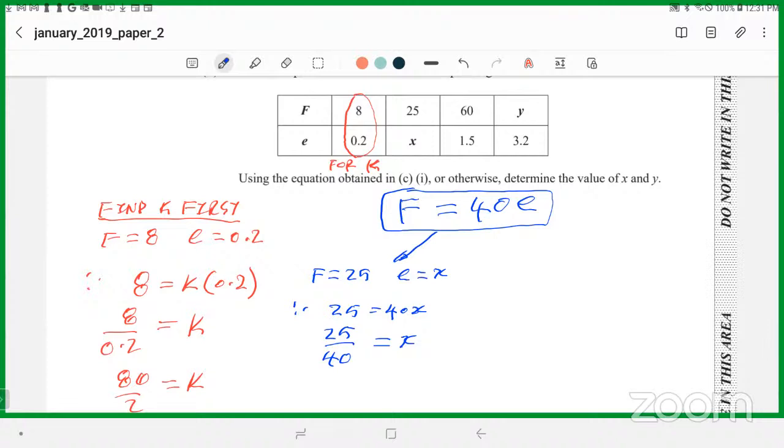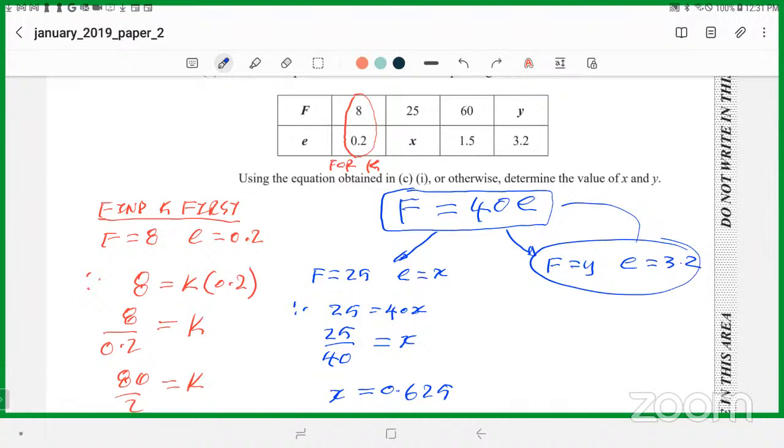And that is X becomes 0.625. And then on the other pair over here, F is Y and E is 3.2. I'm going to drop these values in this formula.